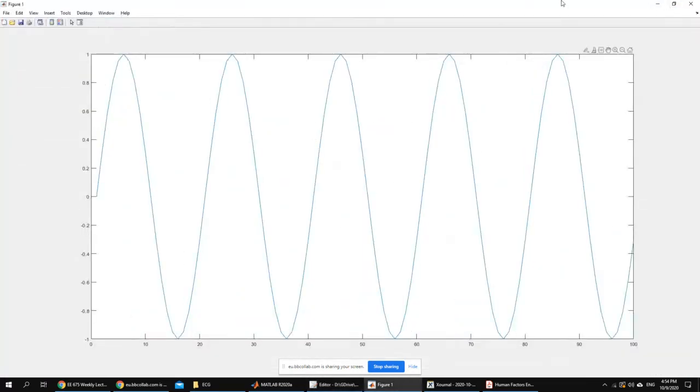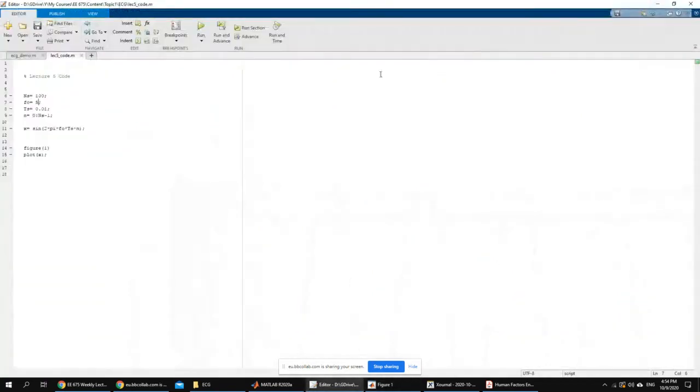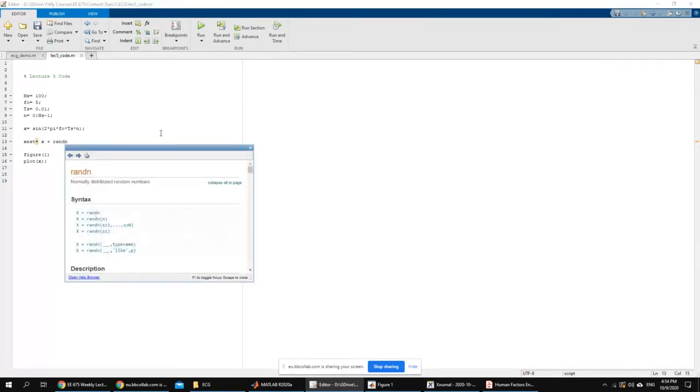It's okay. So now we're going to add some noise to this signal. I'm going to have X estimate equal to the same exact signal X plus noise. To generate noise, there is a function called randn in MATLAB, which generates normally distributed random noise.